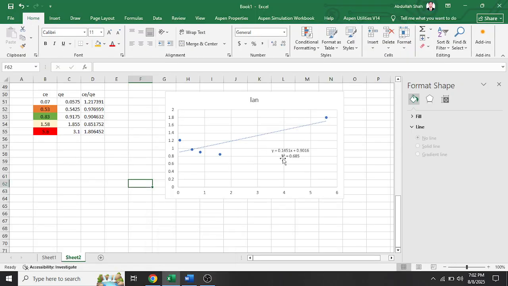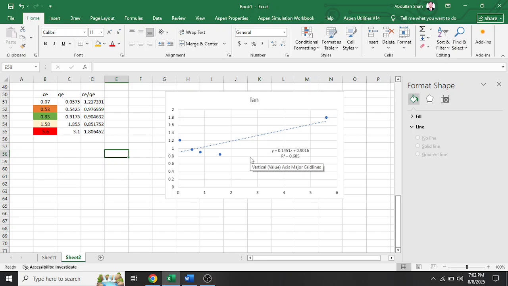So 1 divided by this will be equal to Q max. So this will be the maximum uptake. And 1 divided by Q max into KL will be equal to the intercept. So Q max is obtained from the slope, and KL will be obtained from the y-intercept. So you will get the Langmuir constant and maximum uptake.